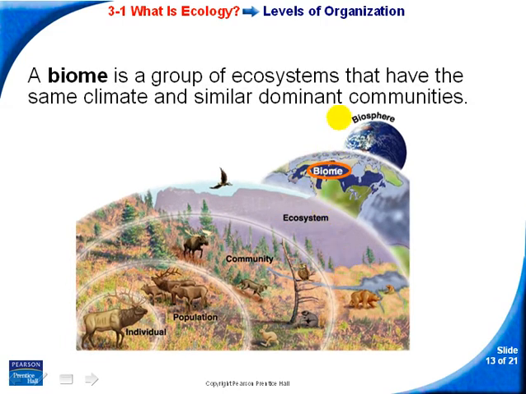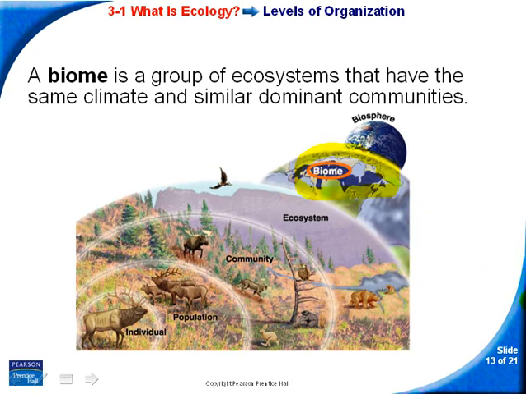A biome is a group of ecosystems that have the same climate and similar dominant communities. Up here, you can see they highlighted in blue, Arctic tundra. So these guys are all pretty much in that. I think it's Arctic tundra, I have to look it up. But these guys are all in the same biome, meaning the ecosystem in this part of eastern Canada is not that much different than the ecosystem in the western part of Canada.